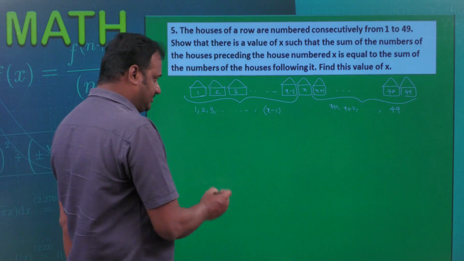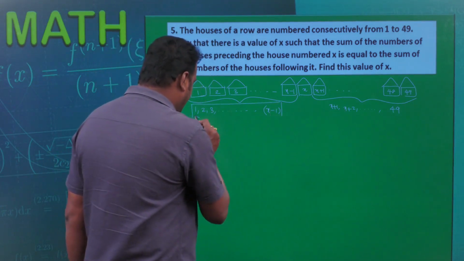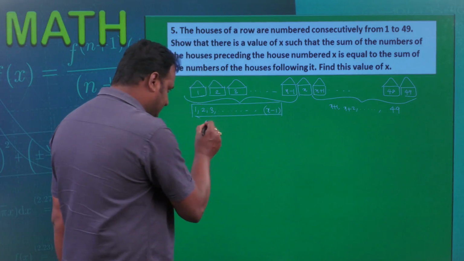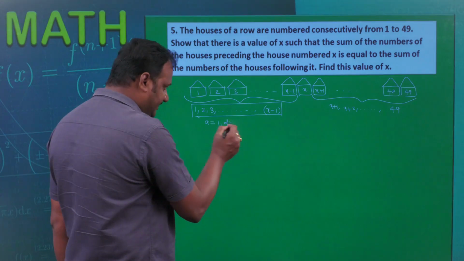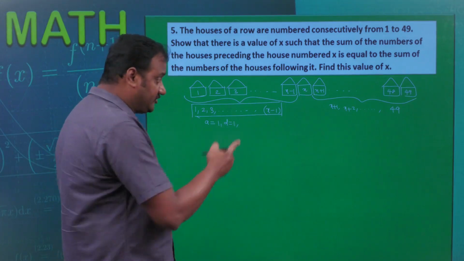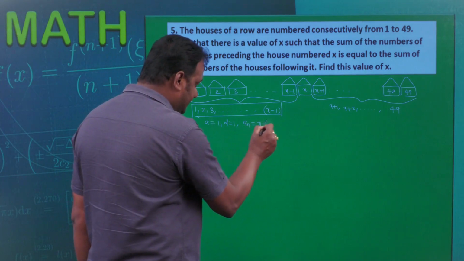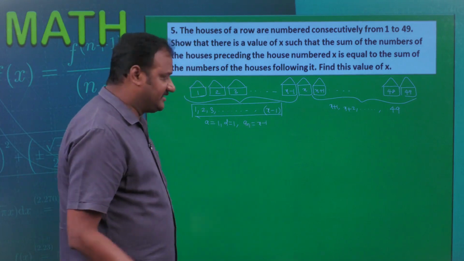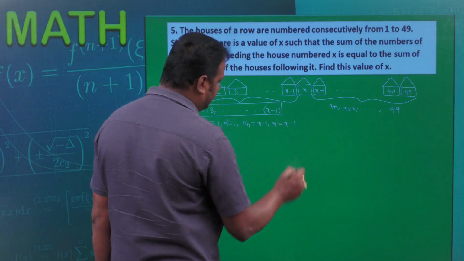In the first arithmetic progression, what is a, the first term? The first term is equal to 1. The common difference is 2 minus 1, equal to 1. And you know the nth term also. So the nth term is x minus 1, and the number of terms is also x minus 1.